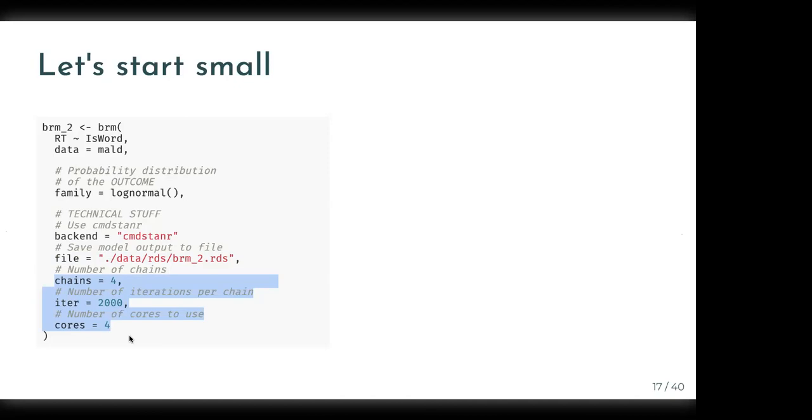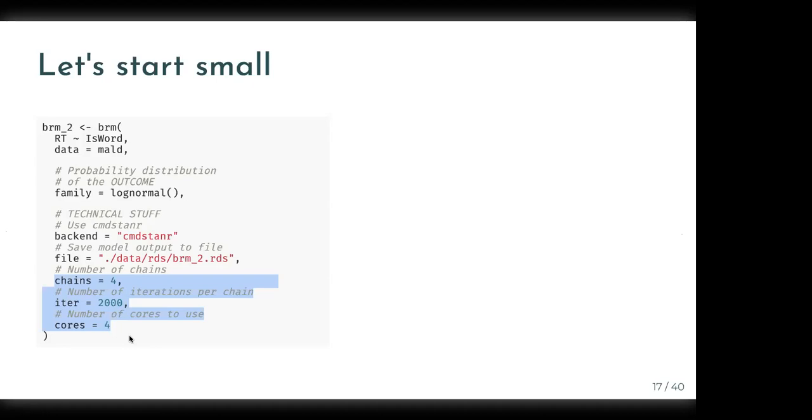You start sampling and keep sampling until you get to 2,000 iterations, then everything starts from scratch, you sample again, and you do that 4 times. That's what the chains basically are. It's just going through those 2,000 iterations of sampling 4 times, where each chain is completely independent from the other.